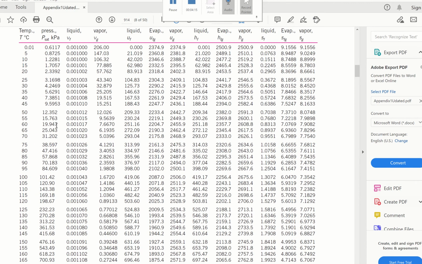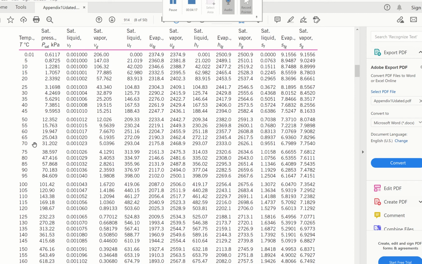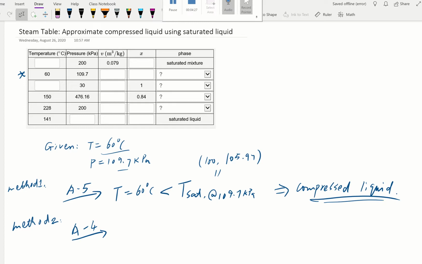And what's our saturated pressure at 60? It's 19.947, so it's about 20 kilopascal. This is our Psat at 60 degrees Celsius.